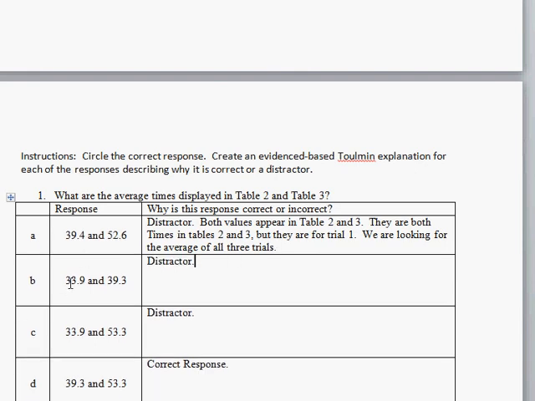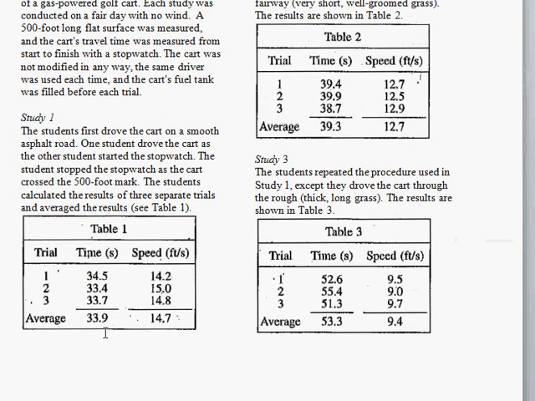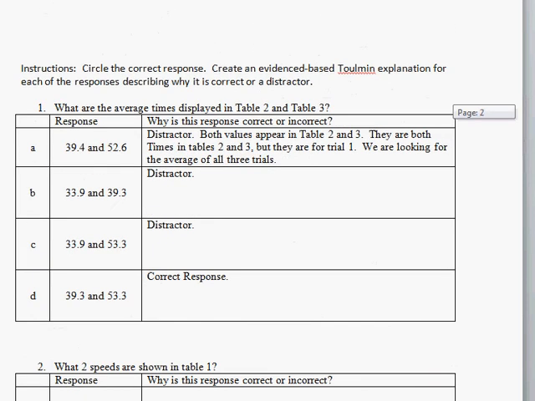Let's look at the next one. 33.9 and 39.3. They're both times. They're both average times. But one is from Table 1 when we wanted Table 3. So, distractor. These values are both average times.